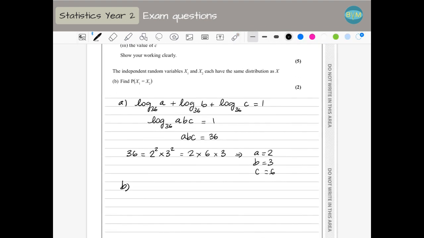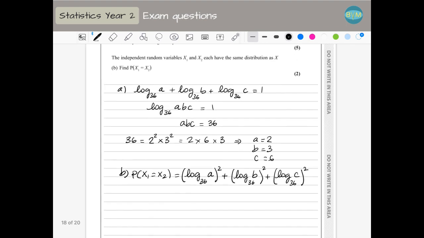And we can write that as the probability of x1 equals x2 would be the probability of both being a, which is this probability squared. Remember, when you have or, you write plus. The probability of both being b is the product of both being b, or the probability of both being c.